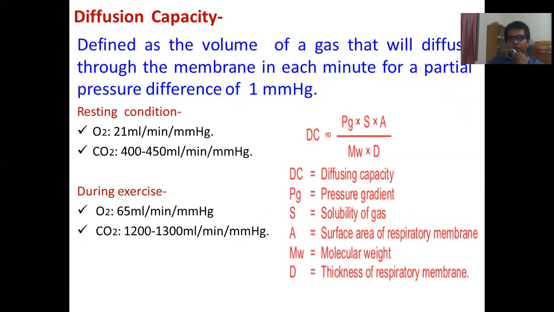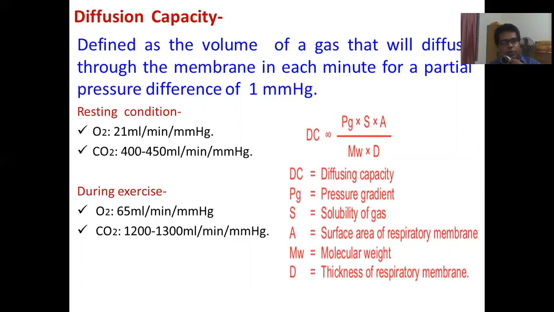Now, what is diffusion capacity? Diffusion capacity is defined as the volume of a particular gas that will diffuse through the membrane in 1 minute when there is a partial pressure difference of 1 millimeter of mercury.